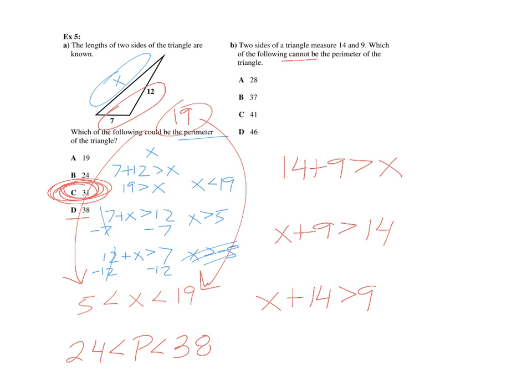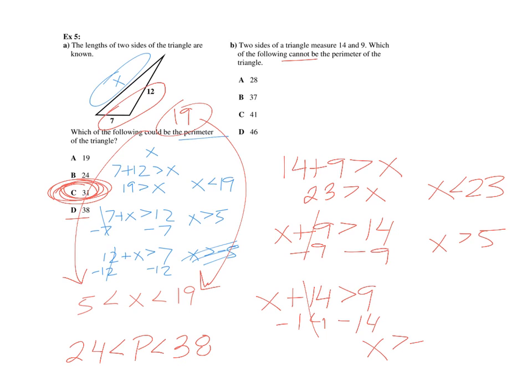All right, so I'm going to have 23 is greater than x, or x is less than 23. Here I'm going to subtract 9, and I have x is greater than 5. And here I subtract 14, and I have x is greater than negative 5. I don't want to deal with the negative scenario, so x is going to be between 5 and 23.